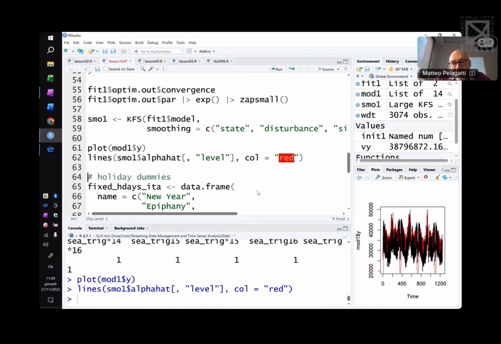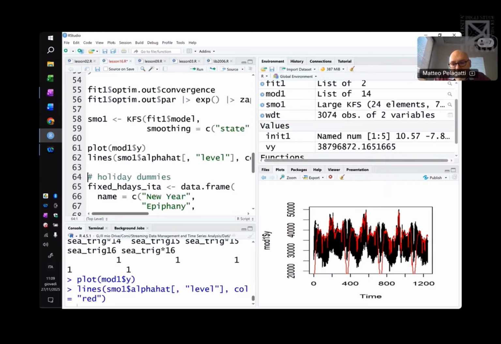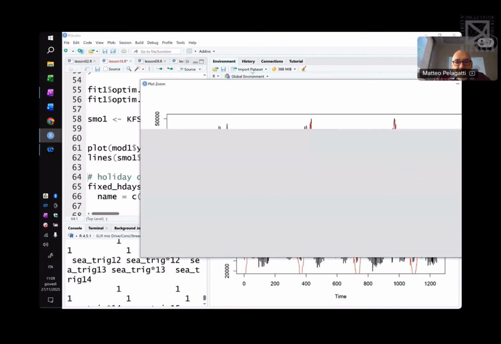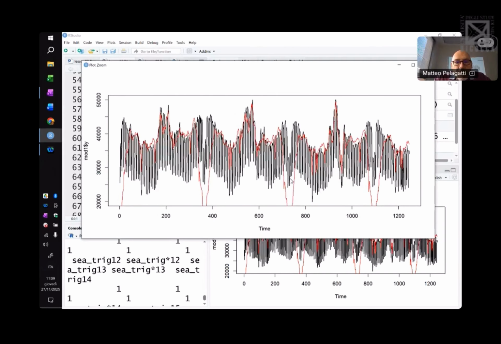I mean, still, I'm not very much satisfied by this trend. If you look at this trend, it's still picking up a lot of seasonality. Especially, look at this. It looks like, as I told you, for the Italian data, we still have a problem with the August vacation and the winter vacation. We will be fixing them with dummy variables.